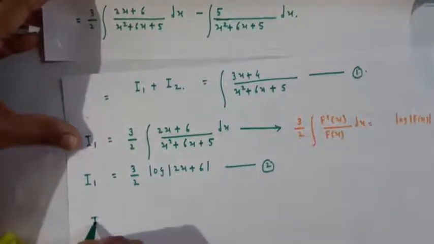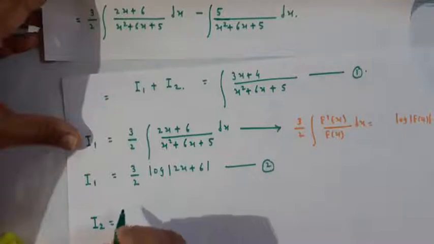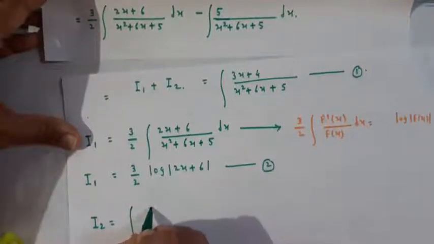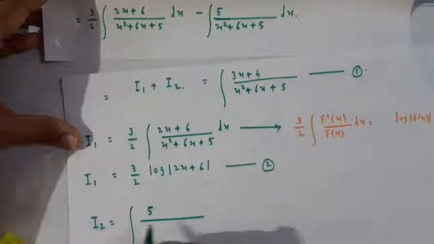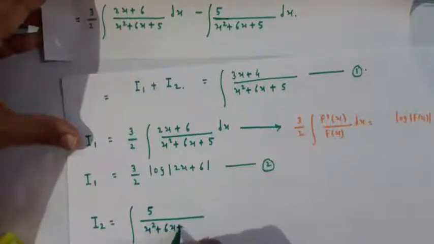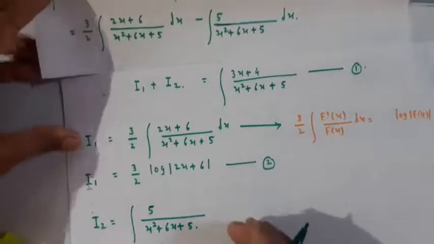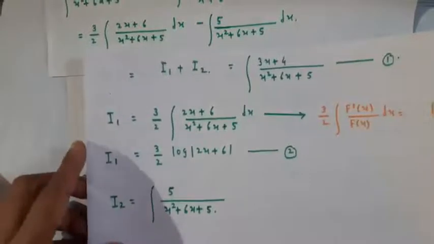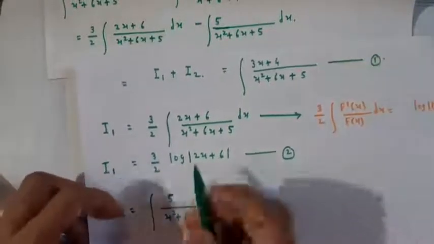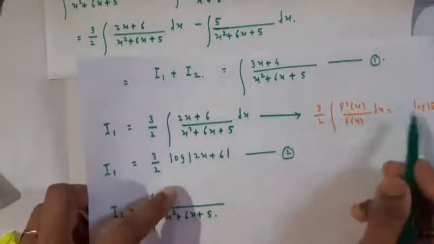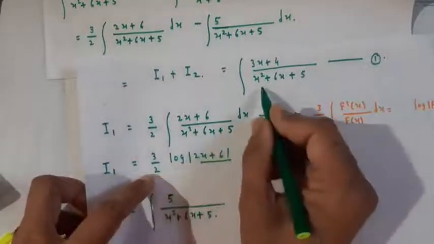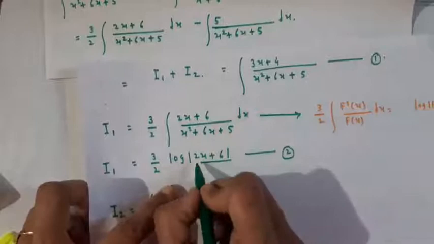Now let us consider the second integral, that is I2, equal to 5 upon (x square plus 6x plus 5). Okay students, to solve this type of integral, the denominator is x square plus 6x plus 5.